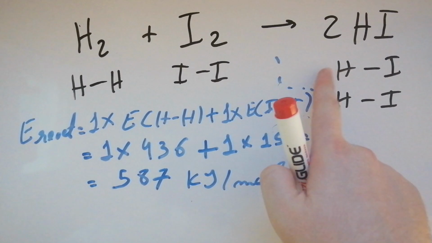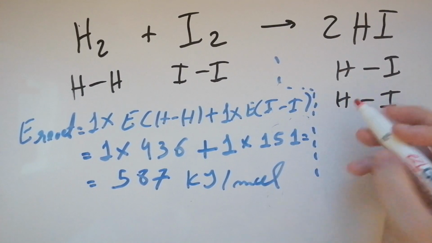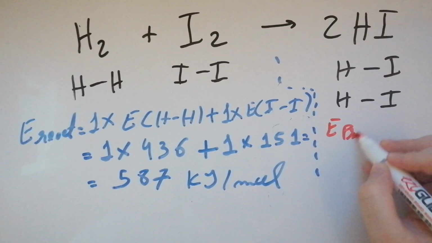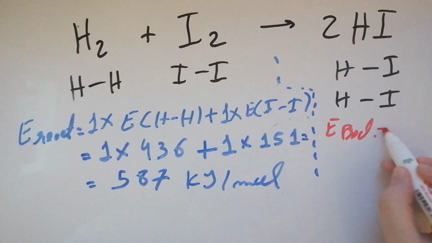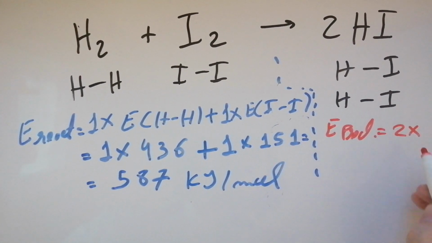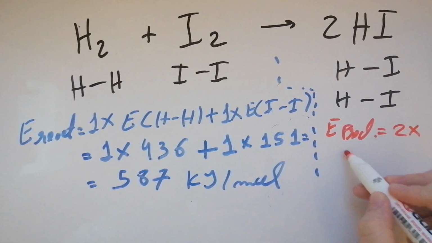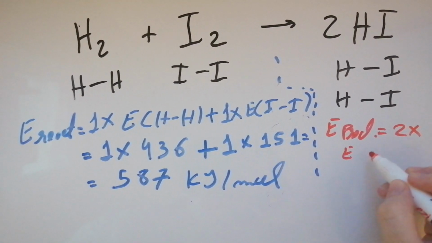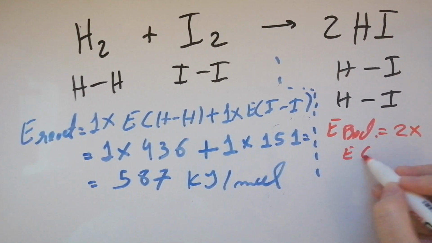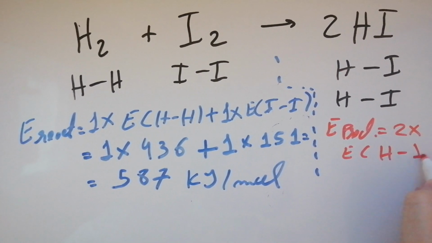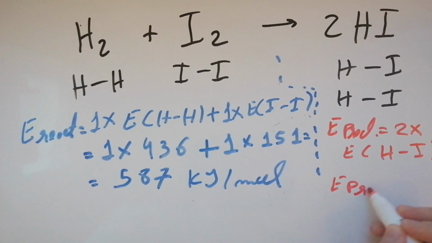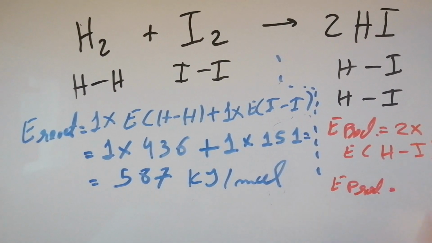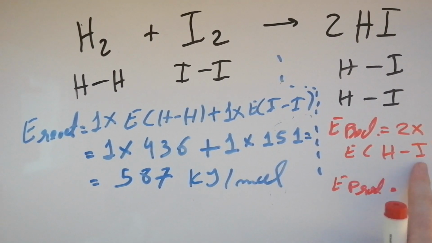We have two molecules of HI, so the energy of the products is 2 times the energy of an HI bond.